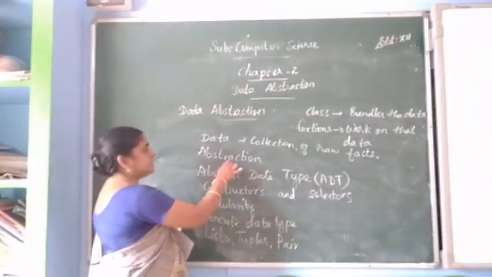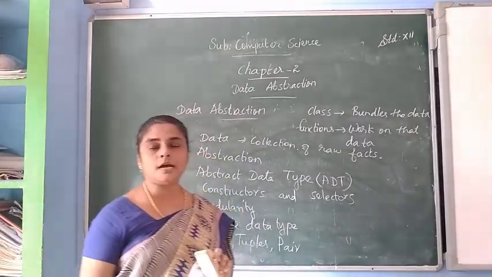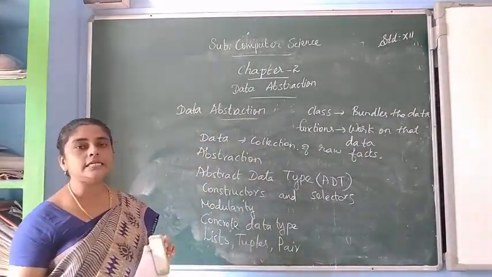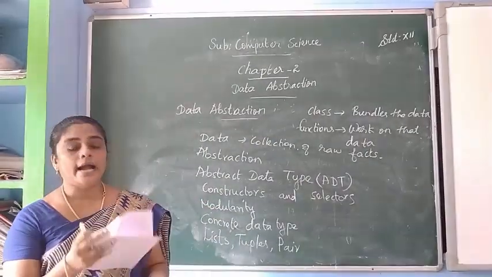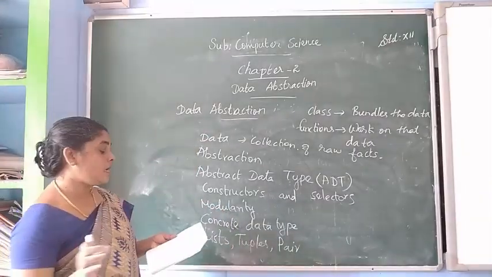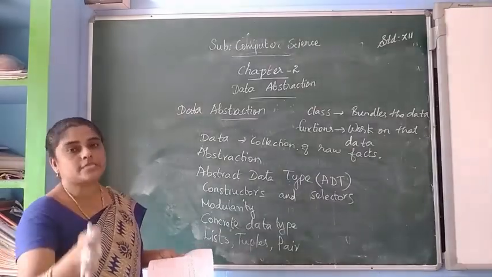Then we have studied about abstraction. In abstraction, what is the important thing? Normally abstraction means some data are hidden and some data are essential. Hidden means if you are going to hide the data, it is about how we are implementing the process. That is the abstraction.